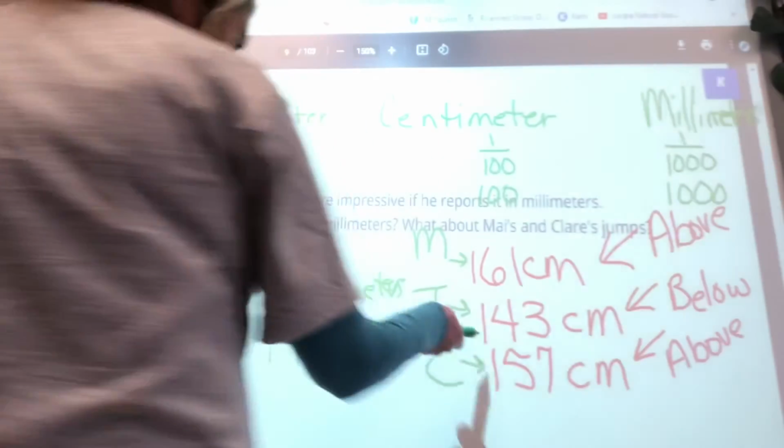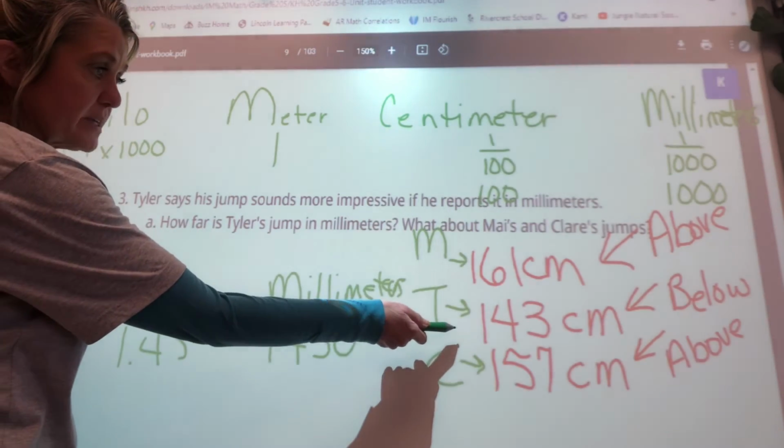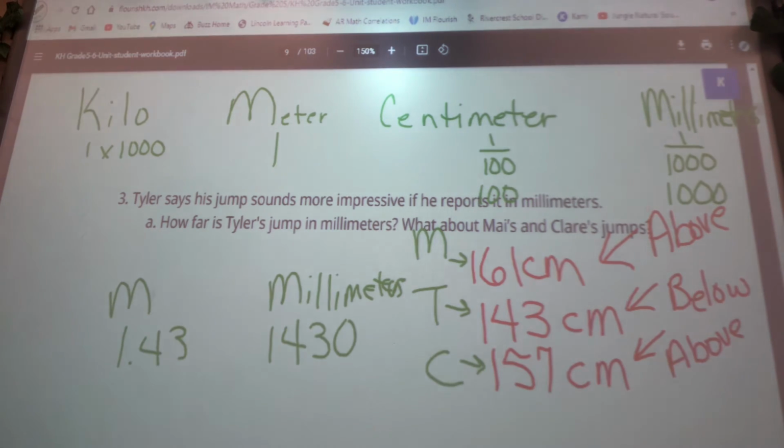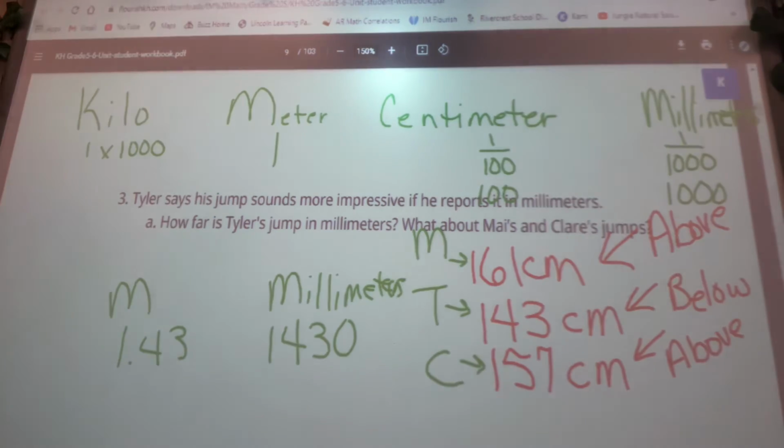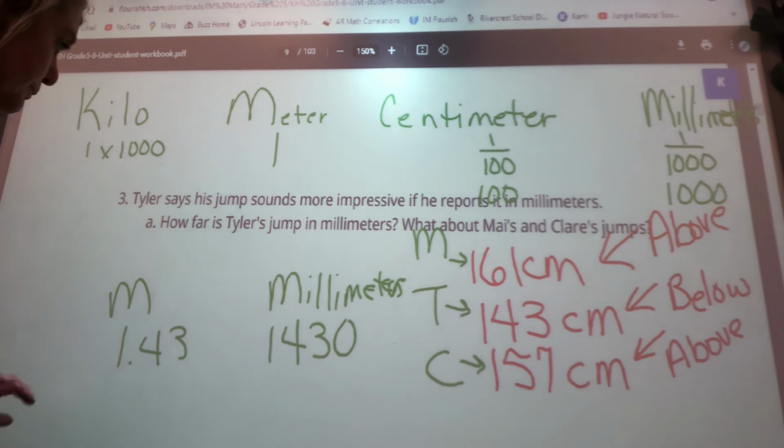It looks more impressive than 143 centimeters, and it looks way more impressive than 1.43 meters, doesn't it? They're all the same value, they're all exactly the same, but this one sounds way more impressive because it's 1,430.